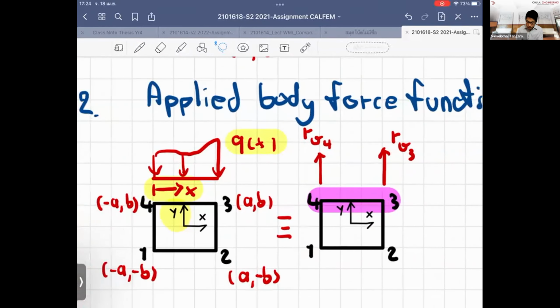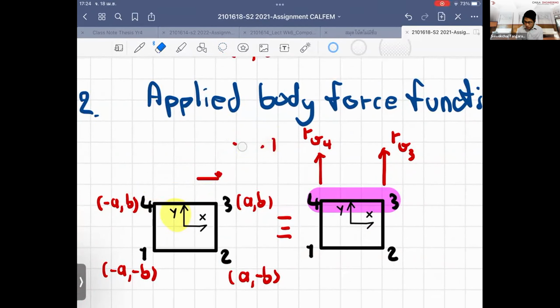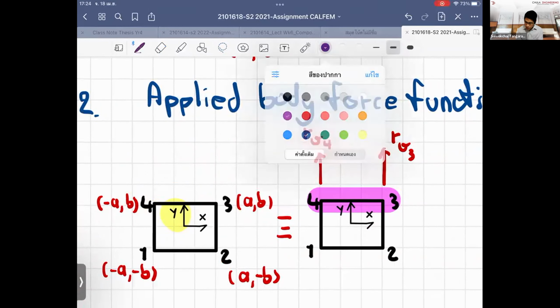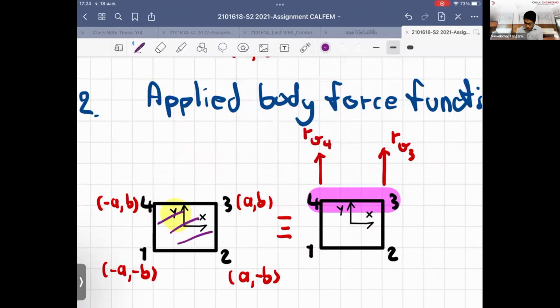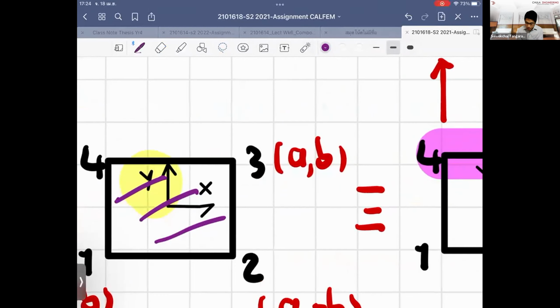But rather than these equations, we're saying that the whole body gets the force in the y direction again, right?